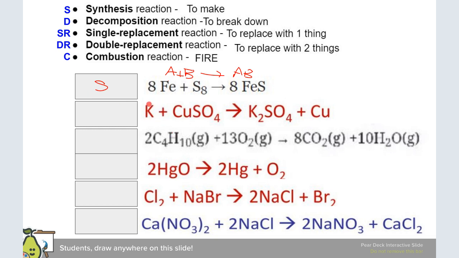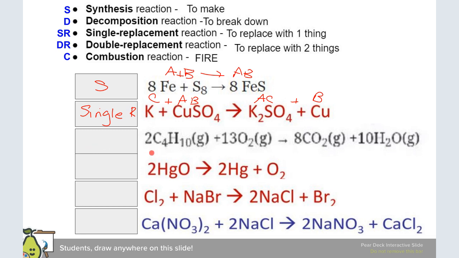This is C plus AB gives us C plus B. So this is our single displacement, single replacement or single displacement.